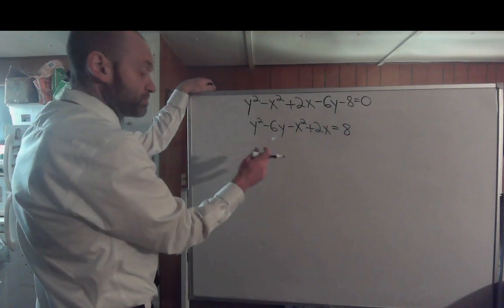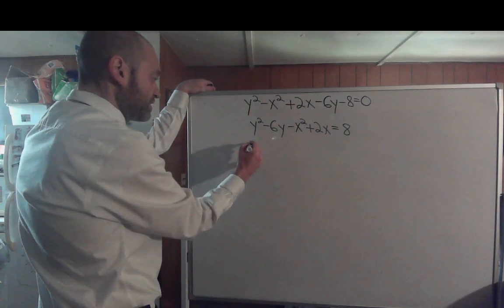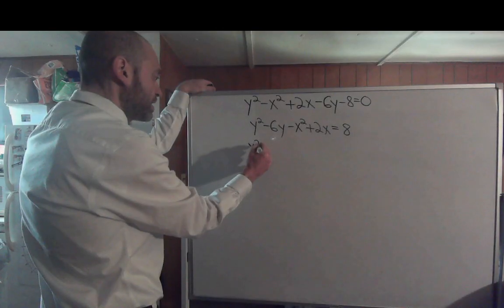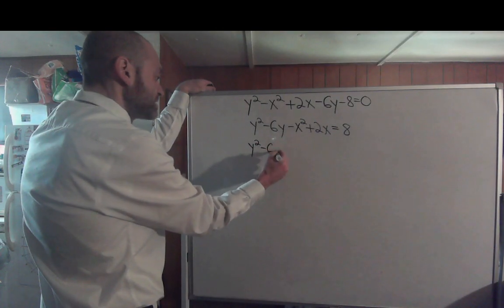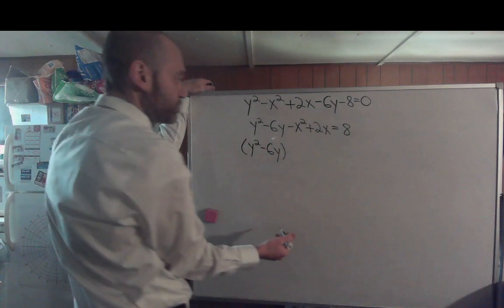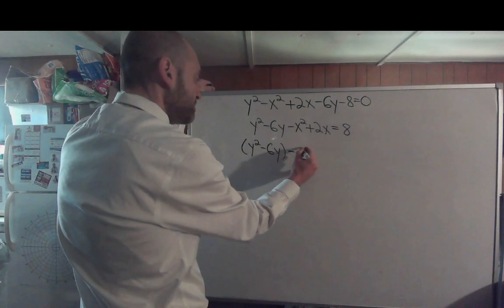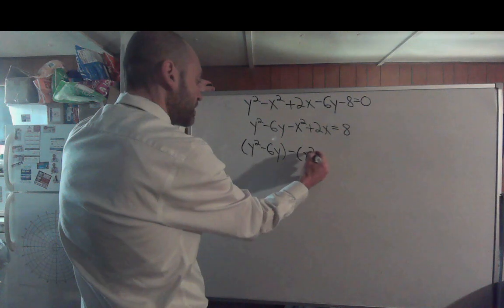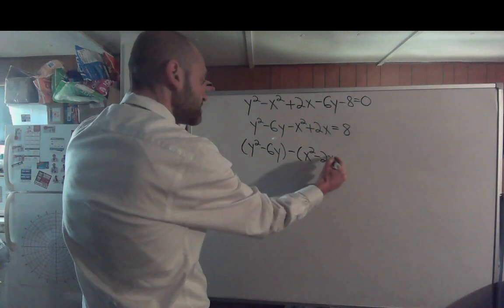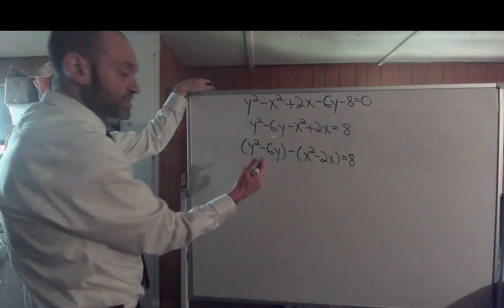Now let's complete this. Well, first let's factor out what we can factor. The y's already factored. You'll have y squared minus 6y. We'll just put parentheses around that for good measure. Now the x, you can factor out a negative 1. So that'll be minus the (x squared minus 2x) would equal 8. Now let's complete the square.